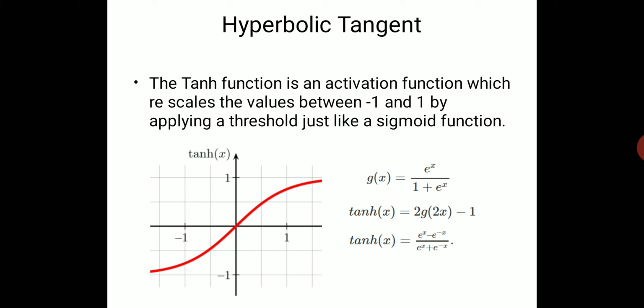Its formula is tanh(x) = (e^x - e^(-x)) / (e^x + e^(-x)). After putting values of x in that region you get again a non-linear line, but this line also lies in the negative part, or we can say it contains negative values.